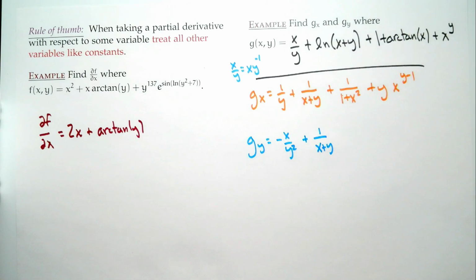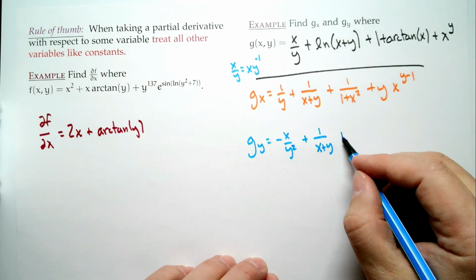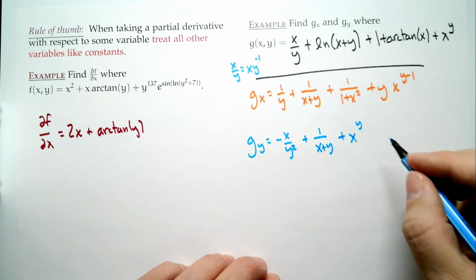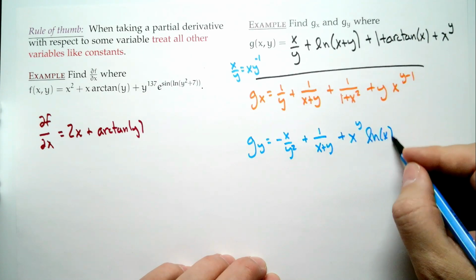Now this one might stump a few people because they might not remember the rule. Does anyone remember the rule? It starts off as x to the y. And then natural log of x.